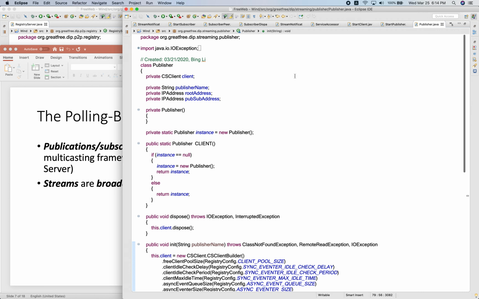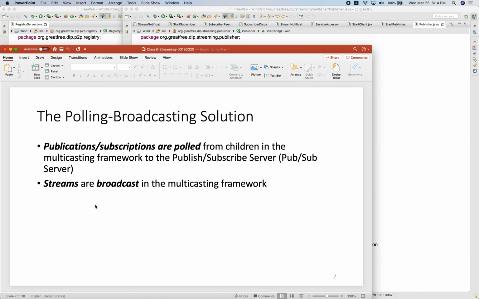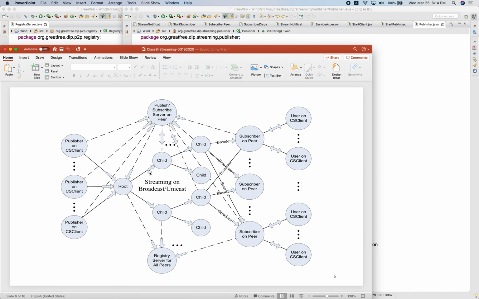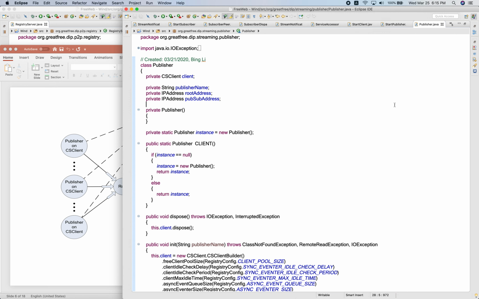In this case, the most important thing is that the broadcasting is performed in this multicasting framework, and then the child needs to access the register server, which is another register server, to access the relevant information. That is called polling.